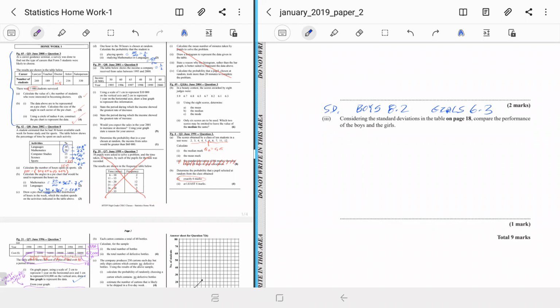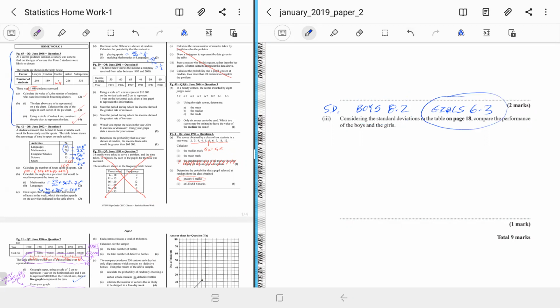The scores of the boys vary more from the mean than the scores for the girls. In other words, the scores of the boys are wider apart. The scores of the girls are closer to each other.